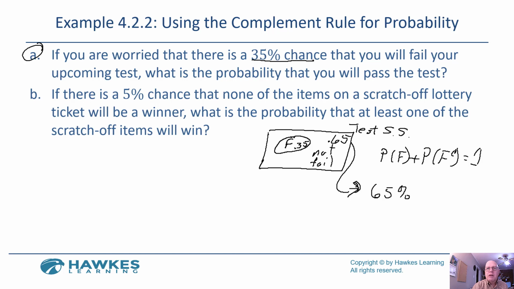That's part 1. Part 2. If there's a 5% chance that none of the items on the scratch-off lottery will be a winner, no winner, what's the probability that at least one of those scratch-off items will win? Well, the event is winning. E complement is not winning.